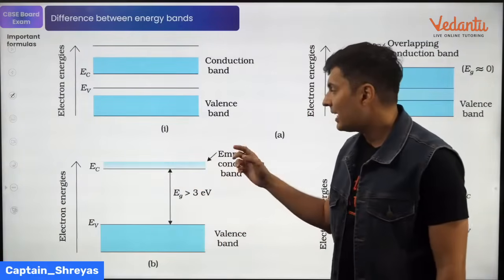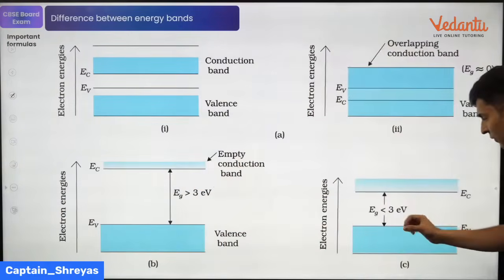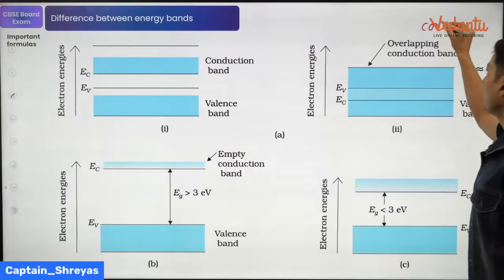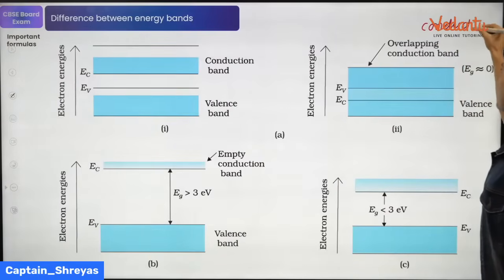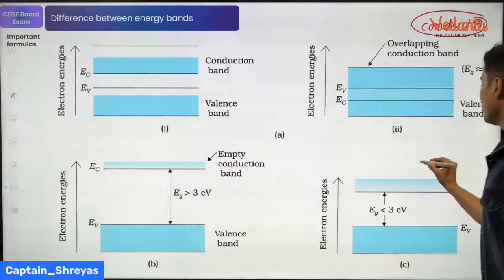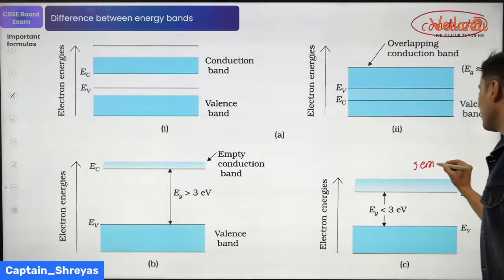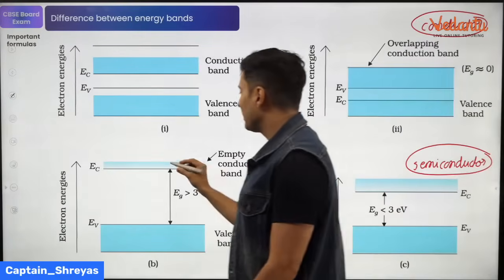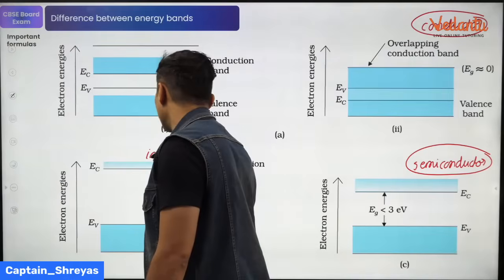It is going to act like an insulator. If the gap is there, but not so much, and it is not overlapping also, then it is a semiconductor. So this is basically for a conductor. This is basically for a conductor. This is basically for a semiconductor. And this one is basically for an insulator.